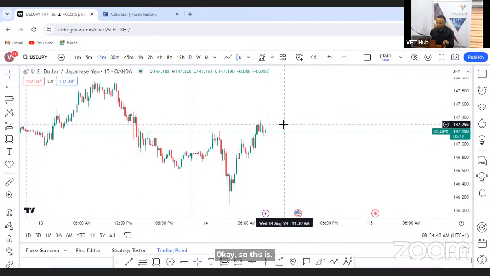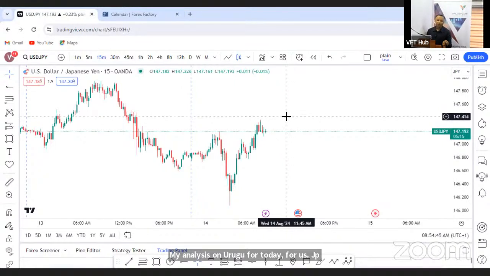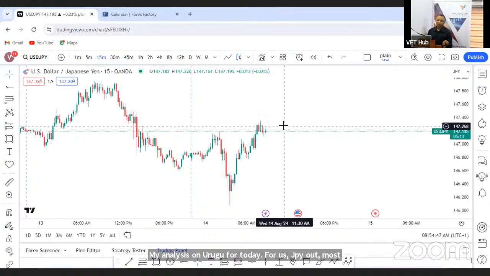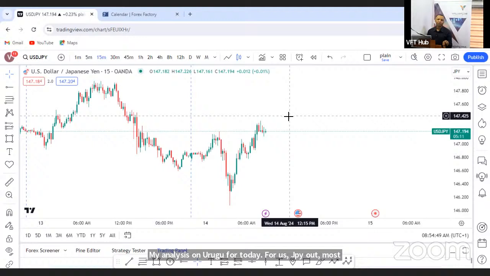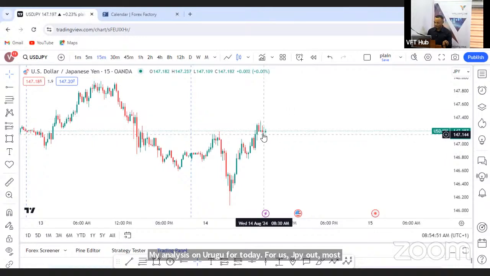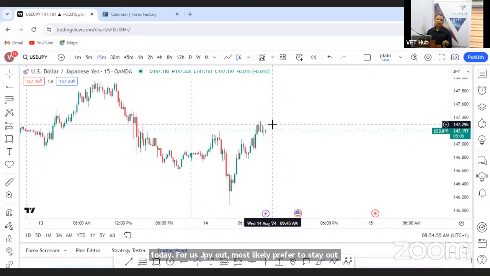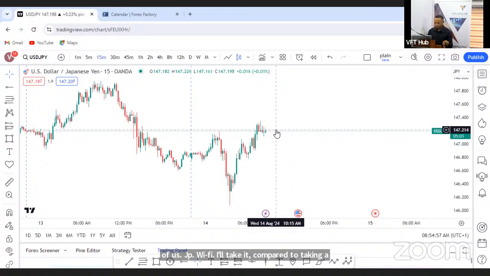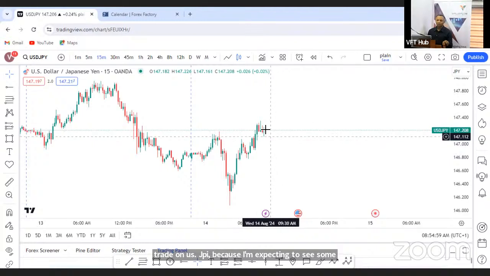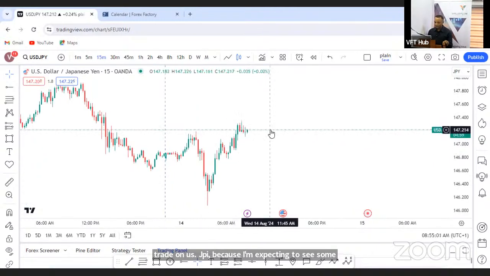For USD JPY, I would most likely prefer to stay out of USD JPY. If I see a better trade on Euro JPY, I'll take it compared to taking a trade on USD JPY, because I'm expecting to see price move in ways that I would not prefer.